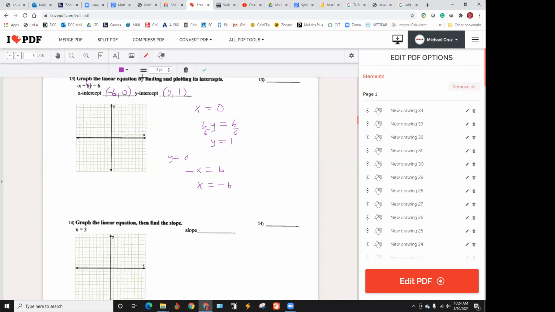So it's right here. This is kind of neat the way this one works. All right, and then 0, 1 is right here. And there's your graph.